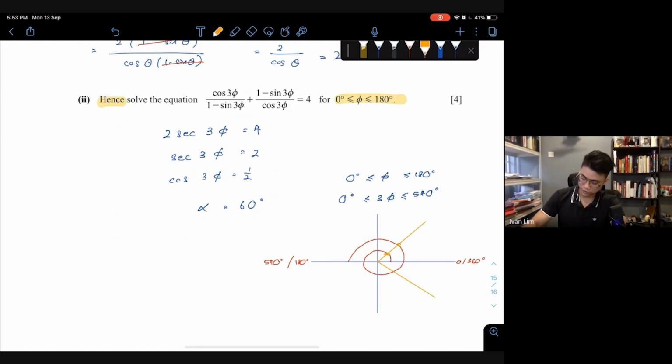We want to see these 3 angles that intersect. The first time I intersect, 60 degrees. Then over here, 300 degrees. The second time on that line is 420 degrees. So 3 phi equals 60 degrees, 300 degrees, and 420 degrees.